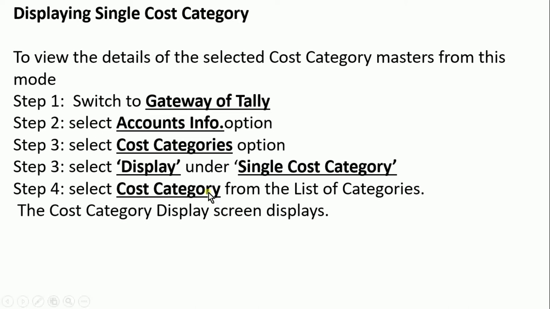So in Gateway of Tally, step 2, select accounts info. Step 3, select the cost category option. Step 4, select display under single cost category. Step 5, select the cost category from the list of categories. Then the cost category display screen will be displayed.